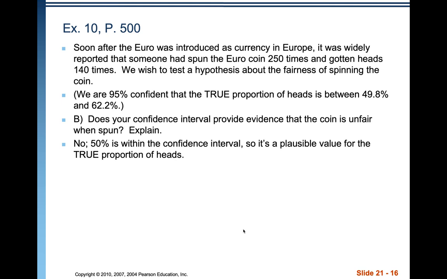So this would correspond to a 5% significance level, just in case you were curious. No, 50% is within the confidence interval, so it's a plausible value for the true proportion of heads. So we do not have significant evidence that the coin is unfair.